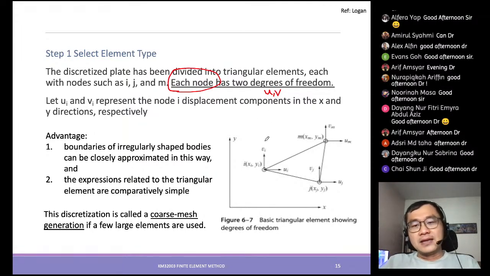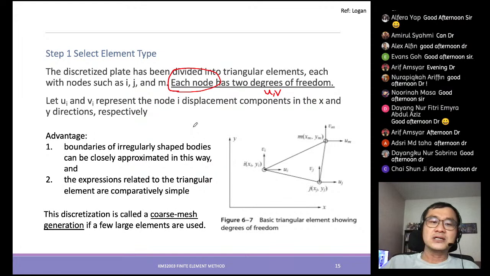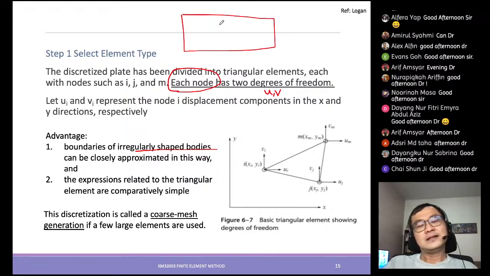Also, you can see that the reason we would like to use CST is that it can easily approximate an irregular shaped body. For example, if you have a plane with a circle, you can always easily mesh it with triangles to approximate this particular circle. This is where the meshing comes in.